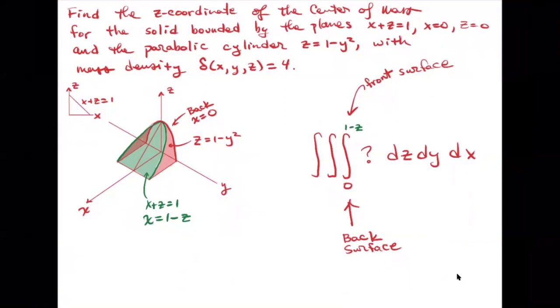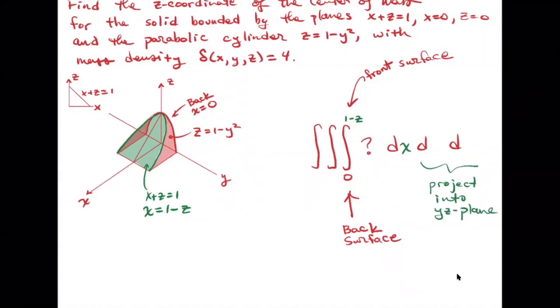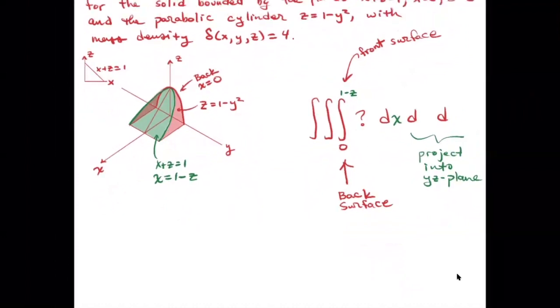I need to change these variables of integration here. So right now I gave limits for x. So x is done. What I need to do is figure out the projection into the YZ plane. And if you look at that, that's just that inverted parabola.